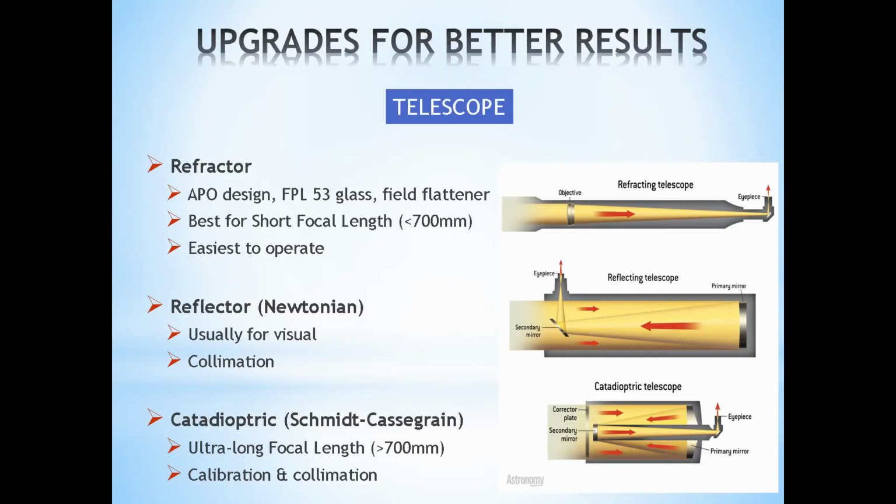Reflectors, the light comes in here, is reflected back, and then goes out the side, and your camera is up in here. Catadioptrics are where the light is folded in three times, and your camera is out here. These are best for long focal lengths. These are good for visual, and these are good for short focal lengths.